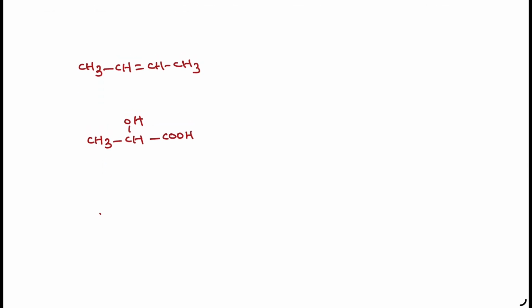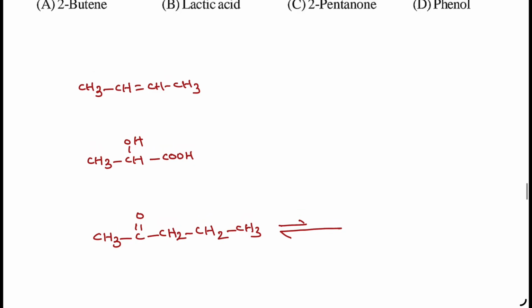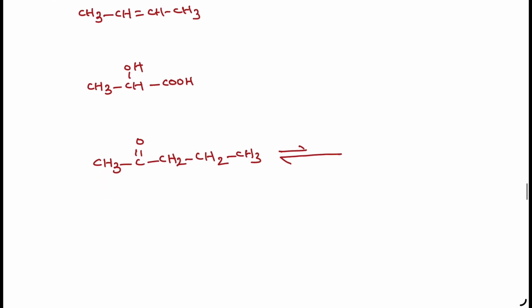Pentan-2-one, CH3-C=O-CH2-CH2-CH3. Here tautomerism is definitely possible. So here this is an enolizable hydrogen. This is also an enolizable hydrogen. So 2-pentanone. And of course phenol.